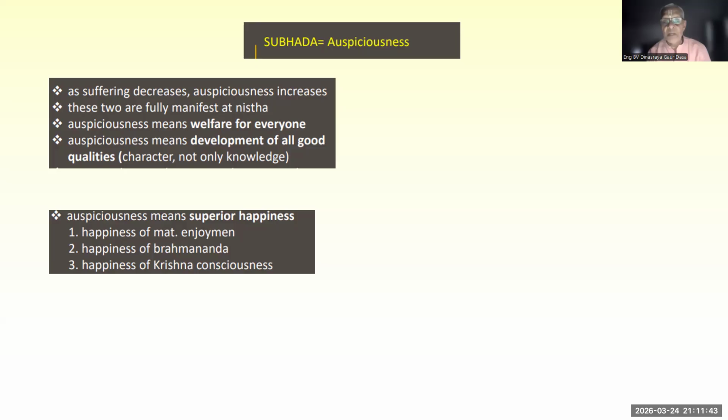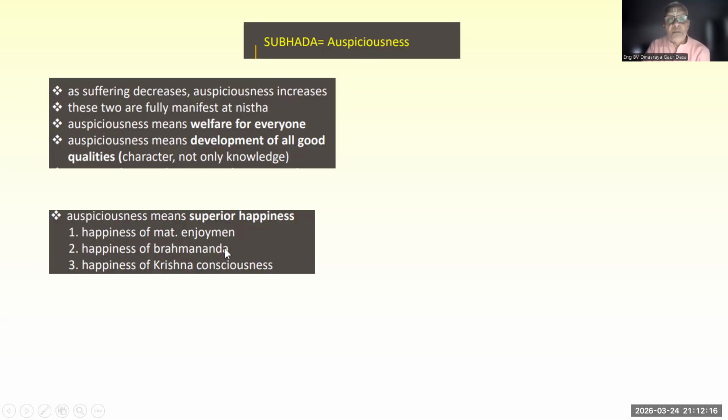I'm happy for some time. But this happiness is transitory. It doesn't endure for a long period. Immediately we shift on to the next material activity, which can give us more happiness. So this happiness of material enjoyment is not permanent, not endurable, not eternal. It lasts for some time and then ultimately the person is in a state of misery or distress again.